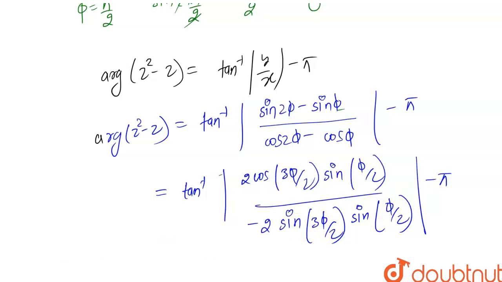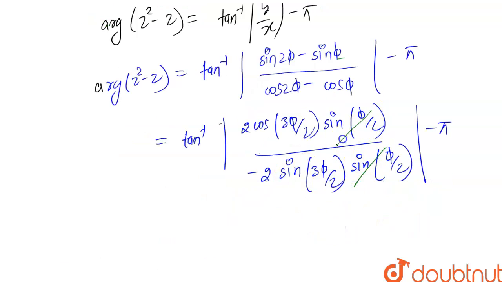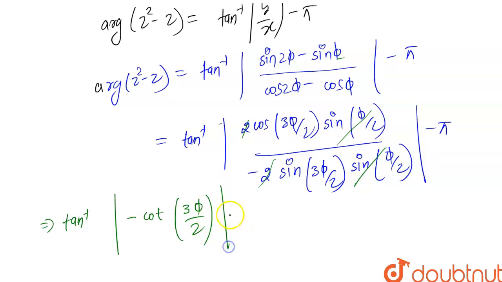Now sin phi by 2 will cancel out, so it becomes equal to tan inverse of, here 2 will cancel 2, and we have minus cot 3 phi by 2, minus pi.